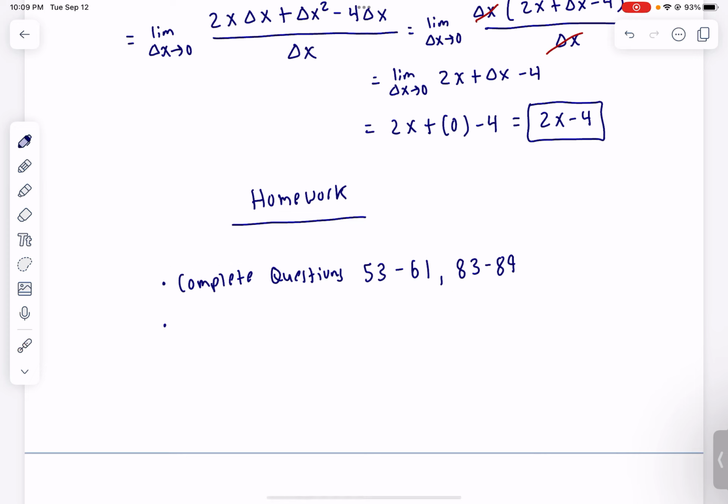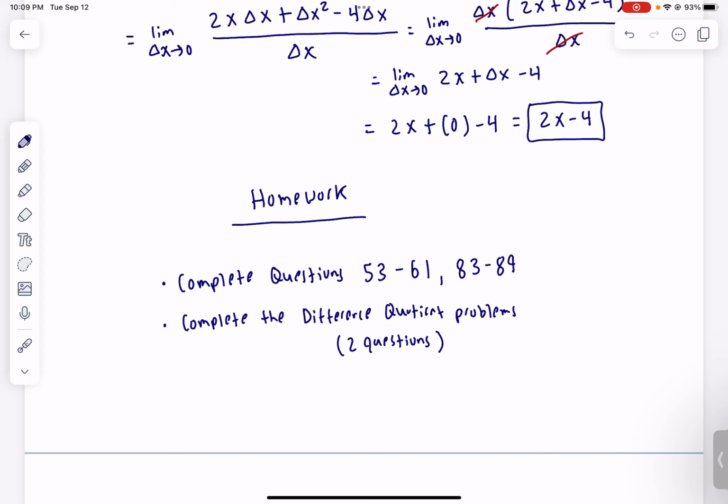And also don't forget to complete the difference quotient problems that I gave you. And I believe there are just 2 questions on there. And they use Pascal's triangle.